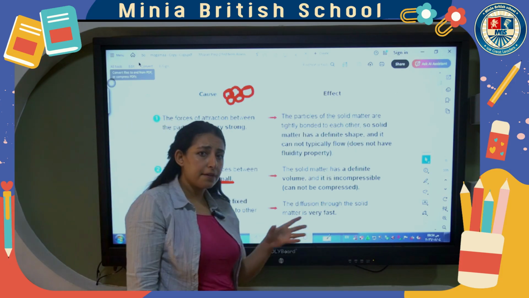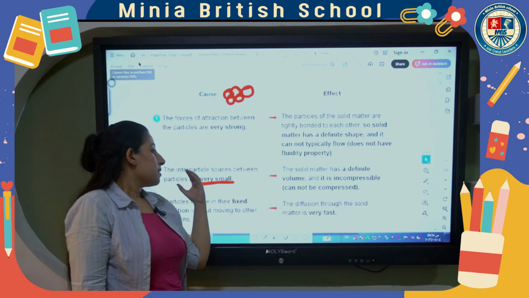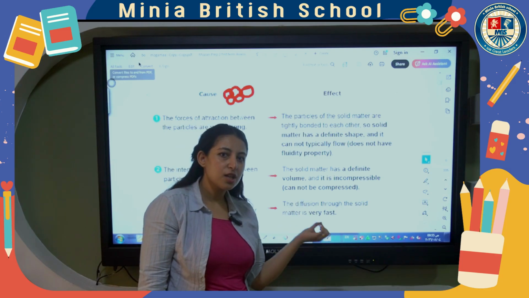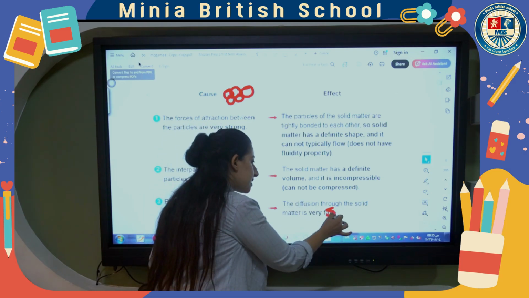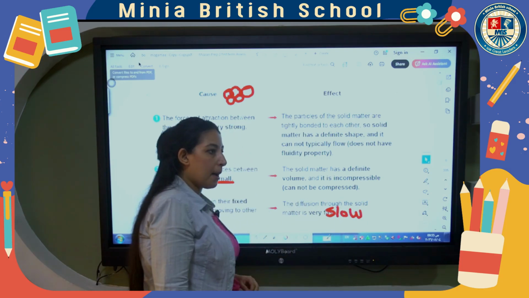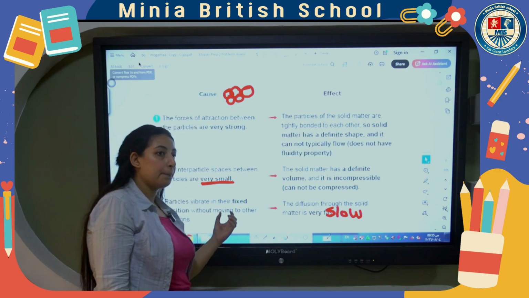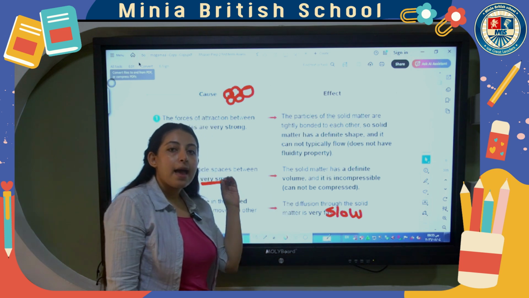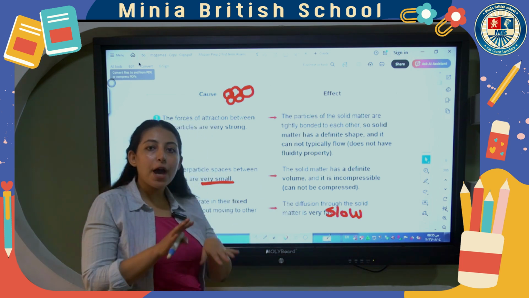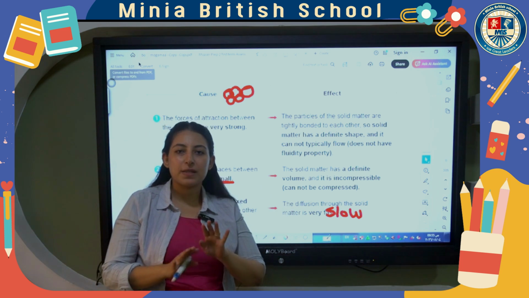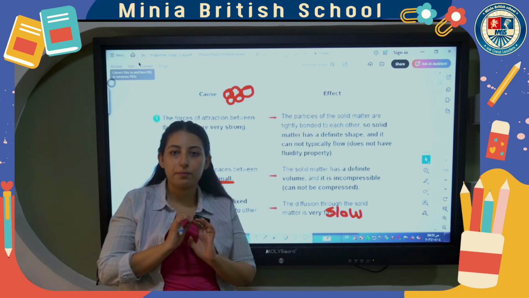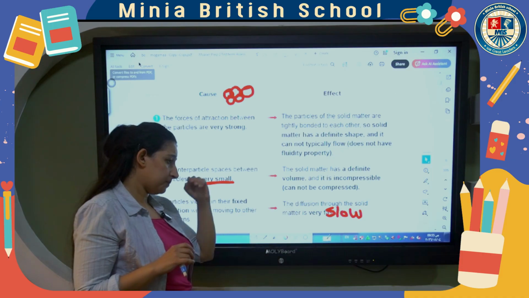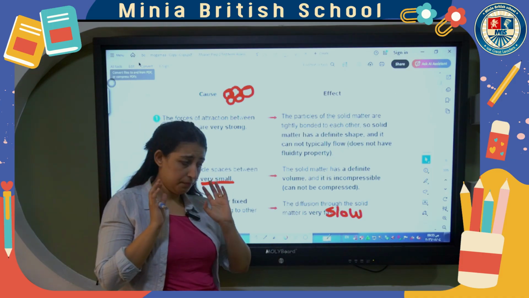When I ask you, give reason: the diffusion through solids is very slow. Why? Because of its movement. The molecules of solids vibrate in fixed positions, tiny movement, vibration motion, so they cannot flow easily.